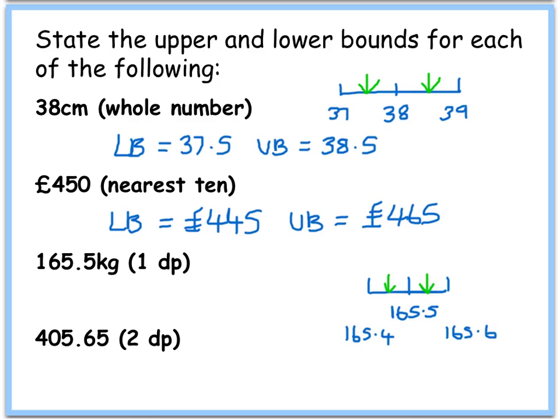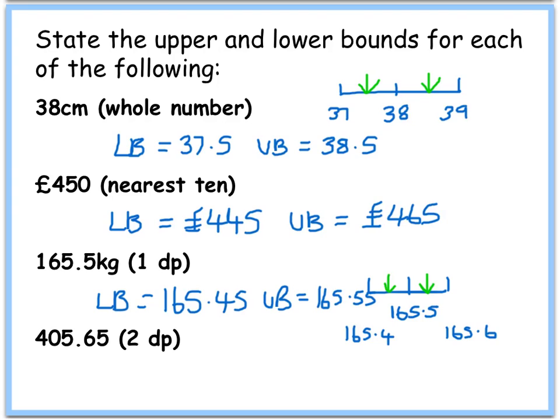The lower bound will be halfway between 165.4 and 165.5, which will be 165.45. And the upper bound will be halfway between 165.5 and 165.6, which is 165.55. Running out of space here.